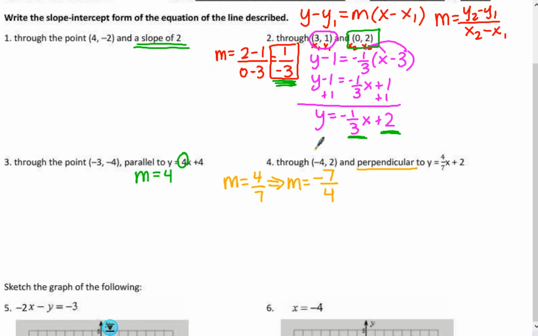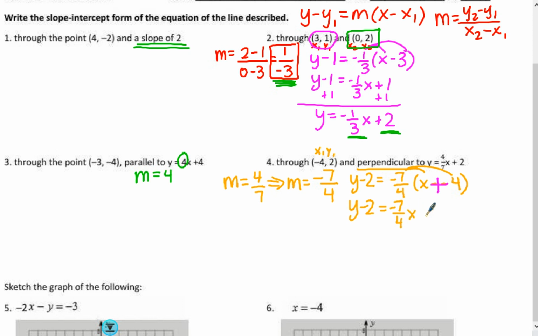And then I have my x1 and y1 point. And now I can plug into my point slope formula. So y minus 2 equals m times x minus x1. Now remember right there we call that a double negative and they change into a giant positive. From there we can distribute and solve. So I have y minus 2 equals negative 7/4 x.